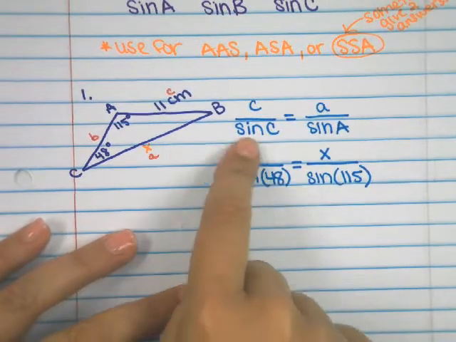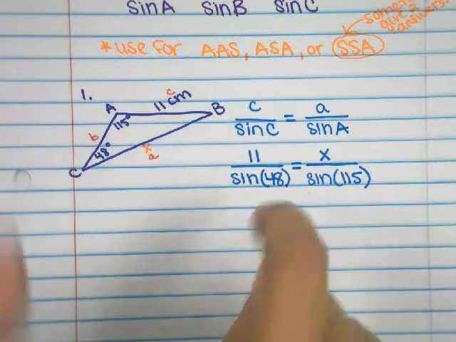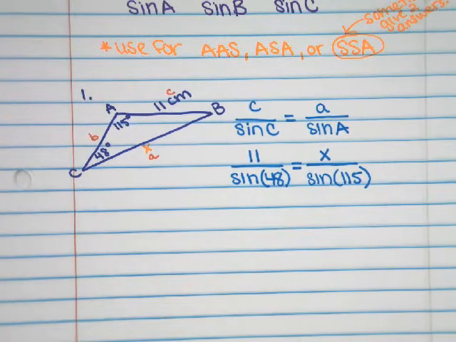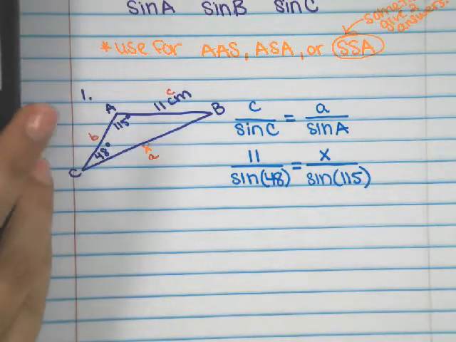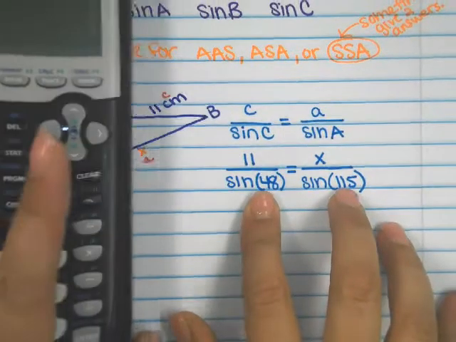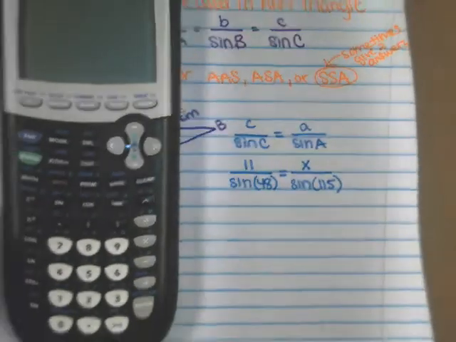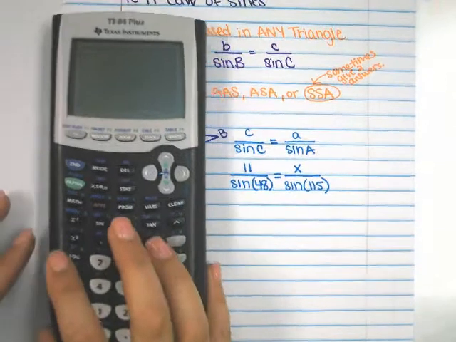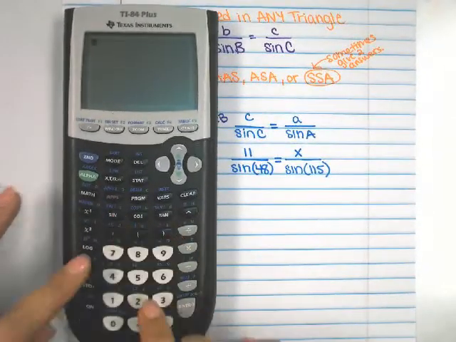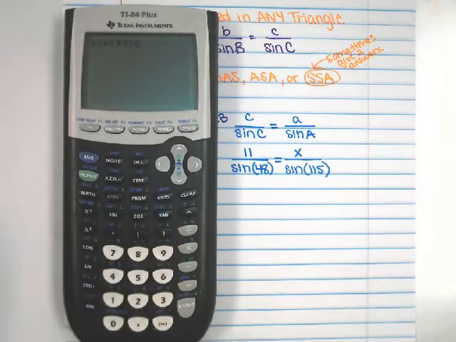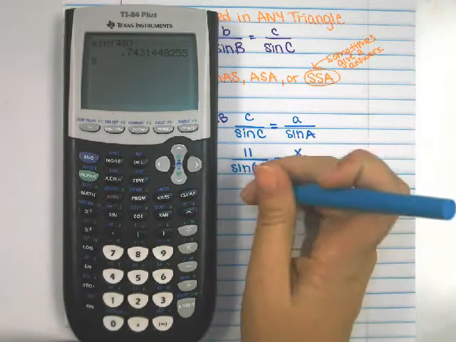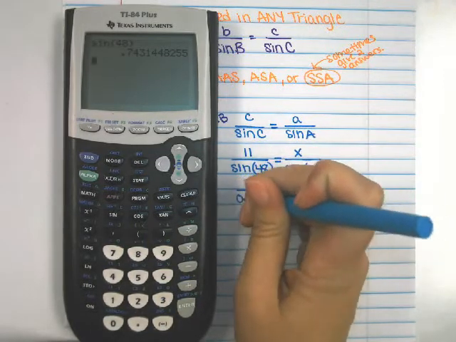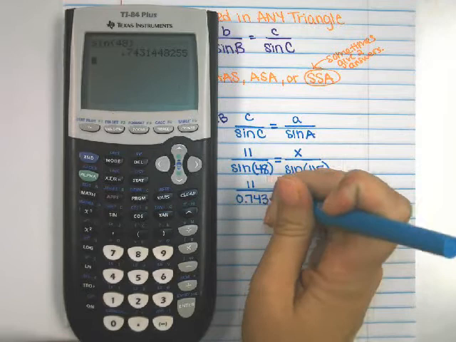Additionally, we could actually find this fraction. Okay? I'm going to find my sines in my calculator. You can solve this fraction lots of ways, but I'm going to find sine of 48, and that goes on the bottom of this fraction, 0.7431.